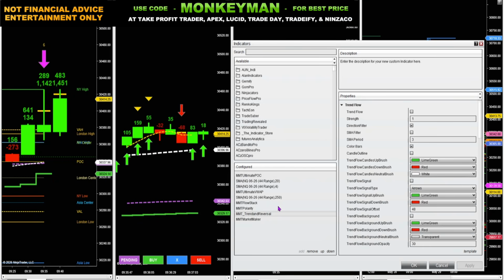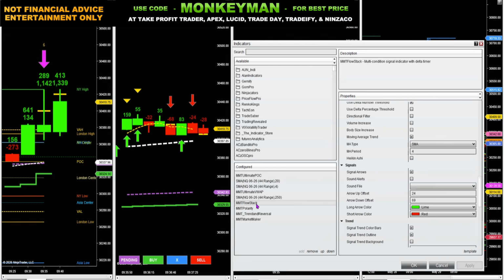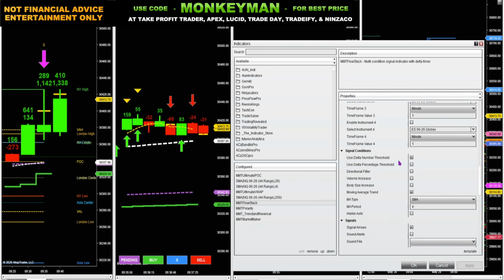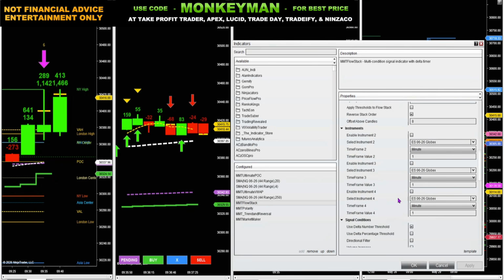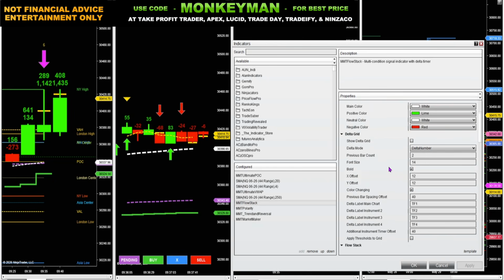So on the 44 range chart, you can see I've got the same trend and reversal with the divergence triangles. And then on the flow stack, I've got my signal arrows activated. Same delta number threshold and moving average trend, but instrument 2 is not enabled. So it's just looking for NQ delta and NQ moving average.